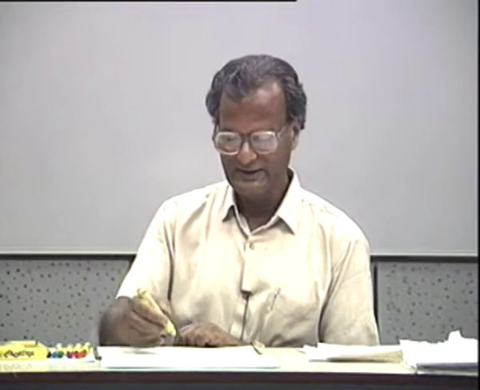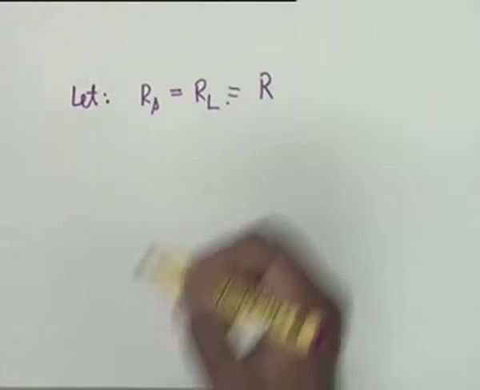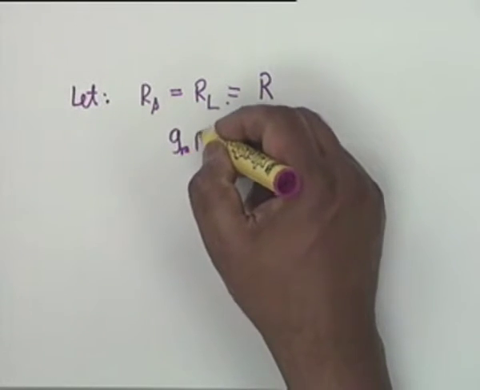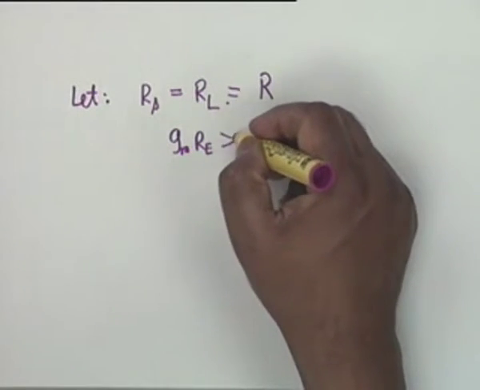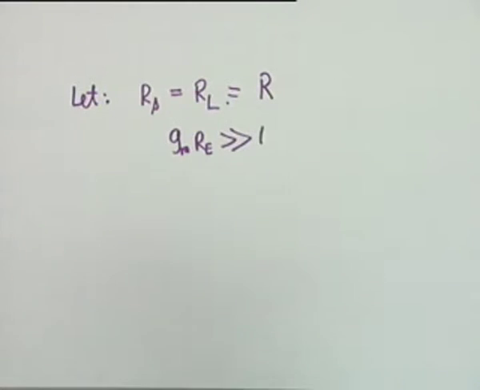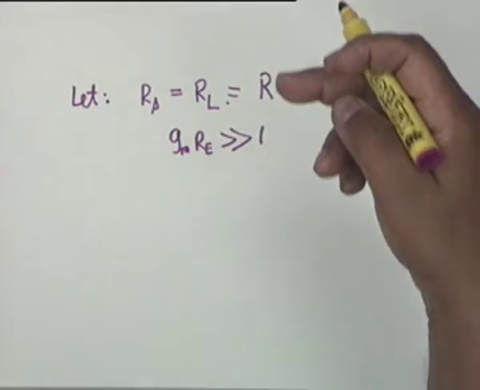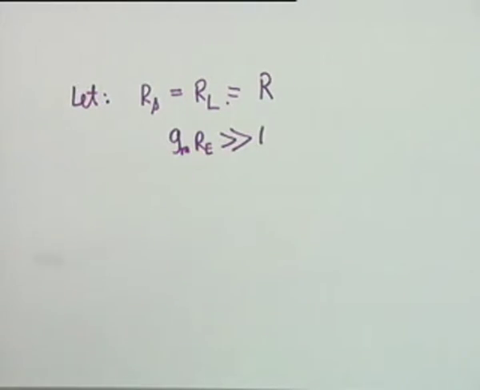Let Rs equal RL, and let this be called R. And let us also impose the condition that gmRE is much greater than 1, so that 1 plus gmRE can be replaced by gmRE. 1 plus gmRE occurs because of the feedback through unbypassed emitter resistance RE.